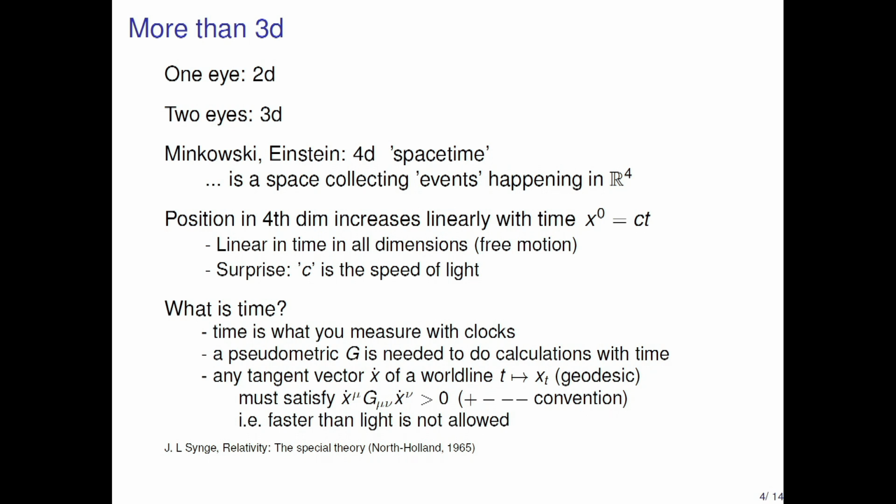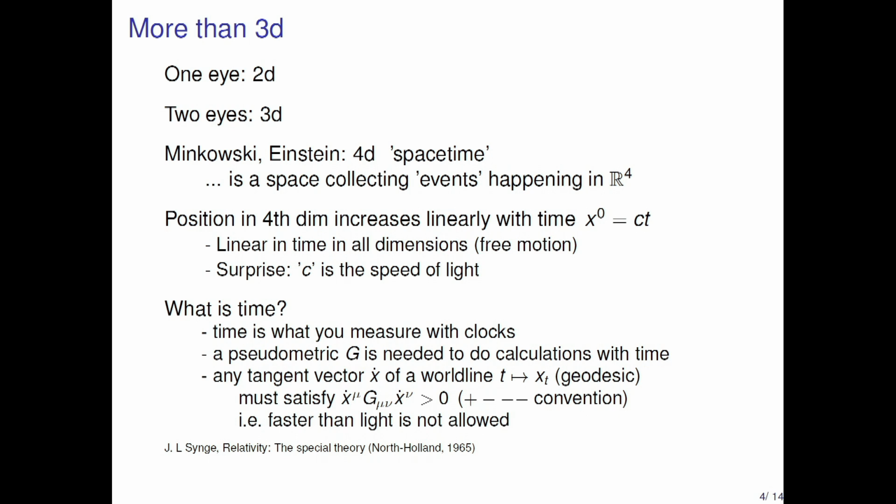So that means the theory of Einstein is a theory about objects moving at the speed of light. And that's a little bit amazing. Are we moving at the speed of light? Then you wonder, what is time? That's a very philosophical question. And the answer that one gives is a very practical one. Time is whatever you measure with a clock.